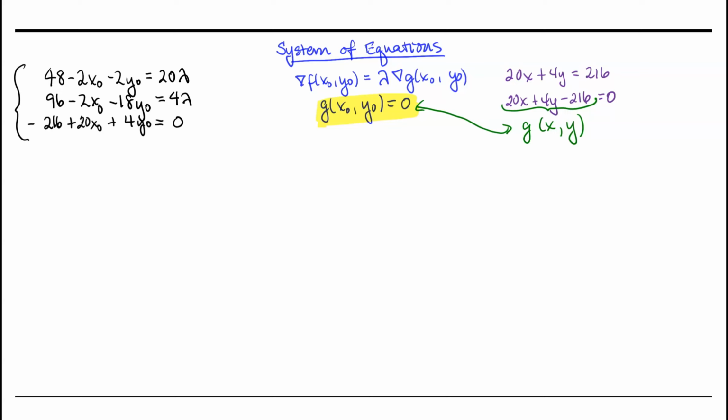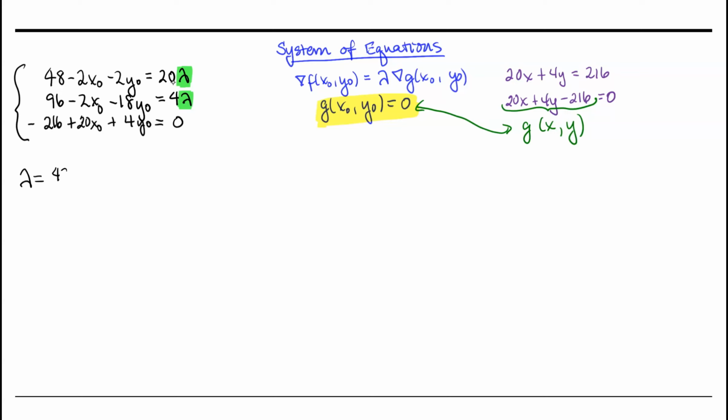Now, one strategy that we sometimes use would be to take this first equation and solve for lambda, take the second equation, solve for lambda, and then set the two equal to each other. If I take this first equation and solve for lambda, I would end up dividing by 20. I'm going to write lambda equals over here on the left-hand side, just so we can keep track of what we're solving for.